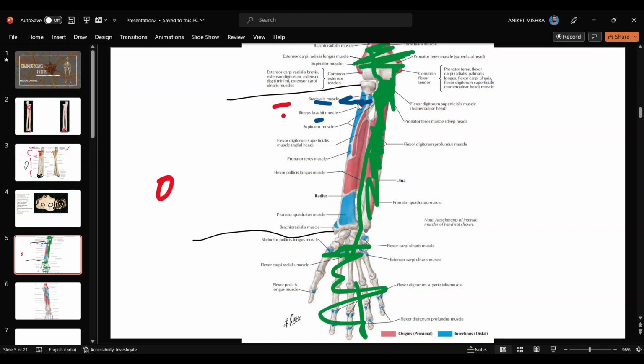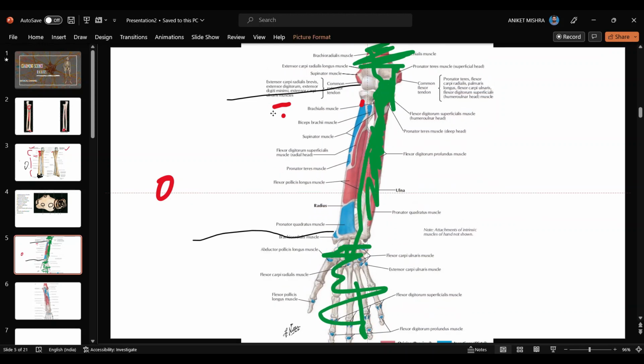Let me remove it. When we look at the supinator muscle, it is inserted onto the lateral surface.